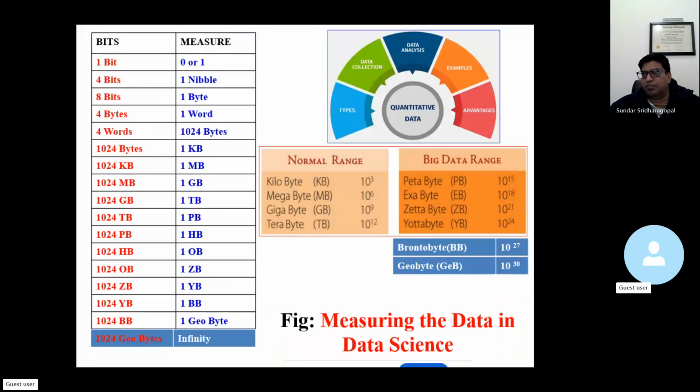If you take a keyboard, we have 106 to 108 keys, each key having its own unique ASCII value.